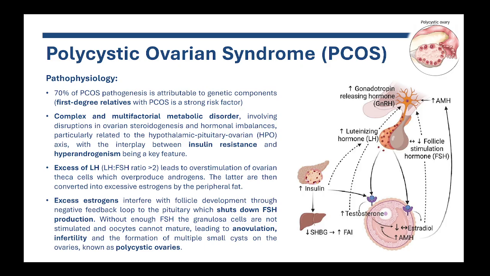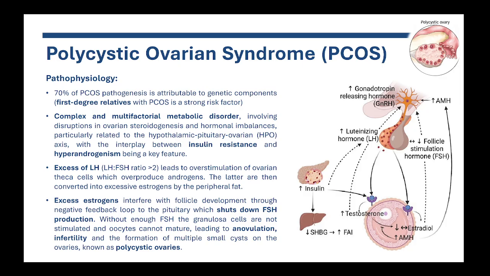So, what causes PCOS? There is probably a very important genetic component to it because PCOS is much more frequent in patients that have a first degree relative with PCOS. So, family history is a very strong risk factor.